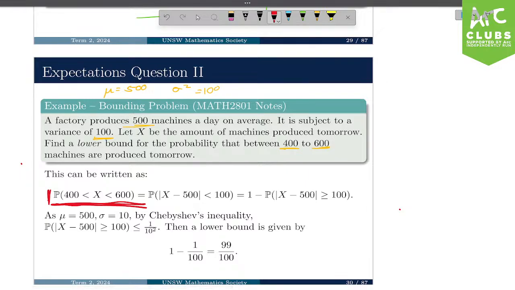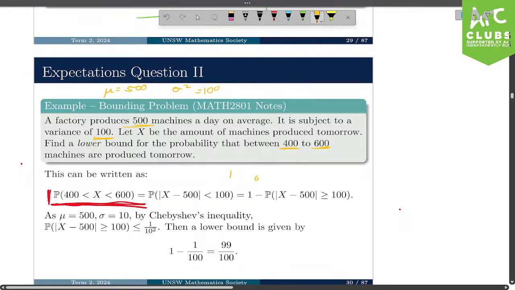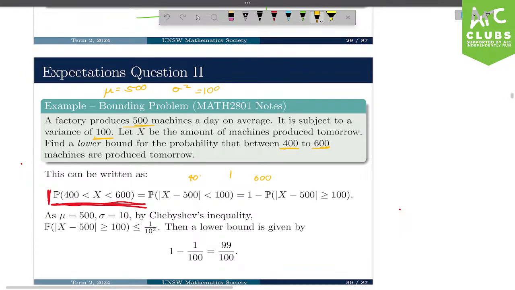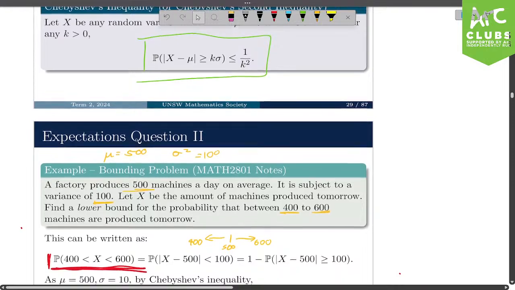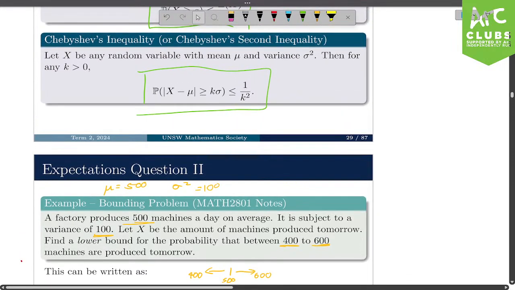And what we're going to do is rewrite this probability as the distance from the mean being less than 100, right? If I have 500 as my mean, then 600 and 400 are both 100 from the mean of 500. So I'm just writing out my probability in a way where I can use Chebyshev's inequality.